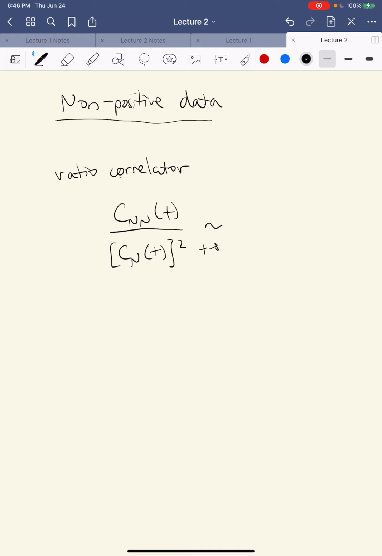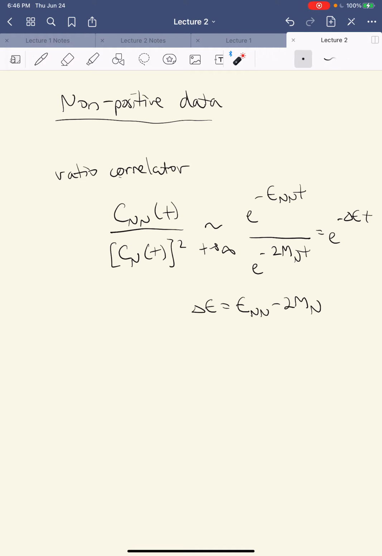And so this, as t goes to infinity, falls off with the energy of the 2-nucleon system over twice the mass of the nucleon. And so this goes like e to the minus delta E times t, where delta E is the so-called interaction energy. So it's the energy associated with non-zero interactions.